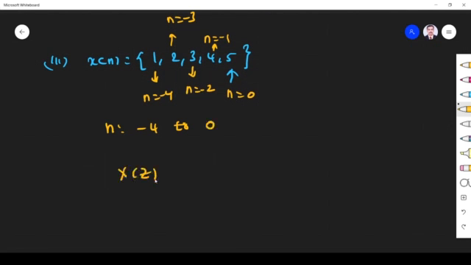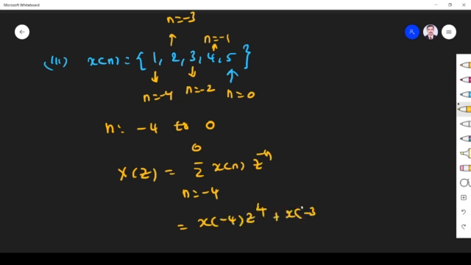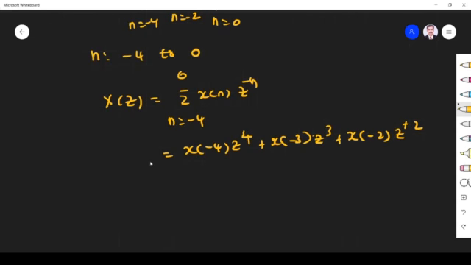So x of z is the sum, n from -4 to 0, of x of n, z power -n. So x of -4, z power +4. X of -3, when you substitute -3, it will become z power 3. X of -2, when you substitute -2, it is z power +2. Similarly, plus x of -1, z power 1, plus x of 0, z power 0 is 1. Okay.